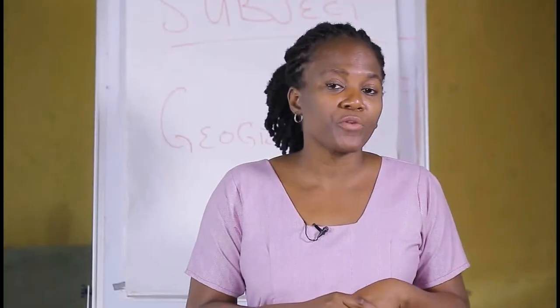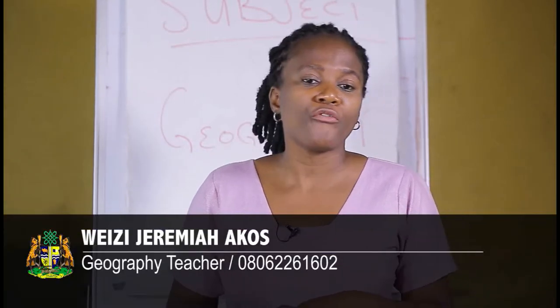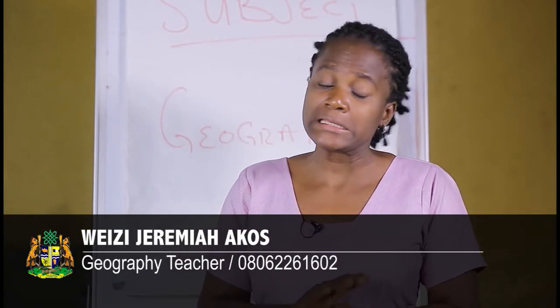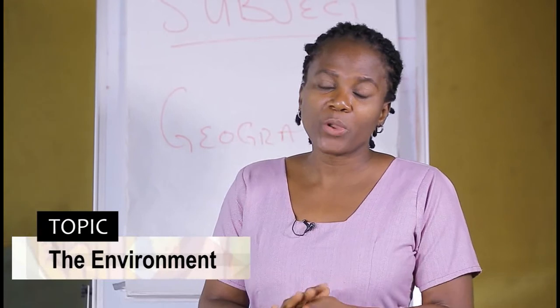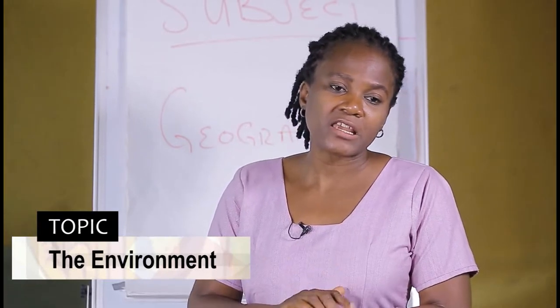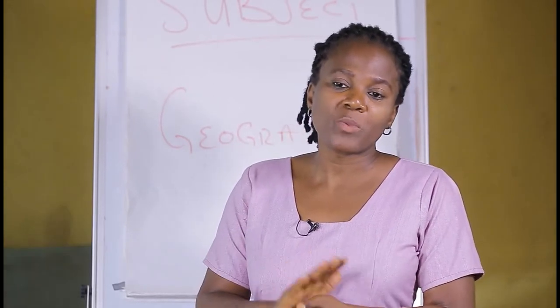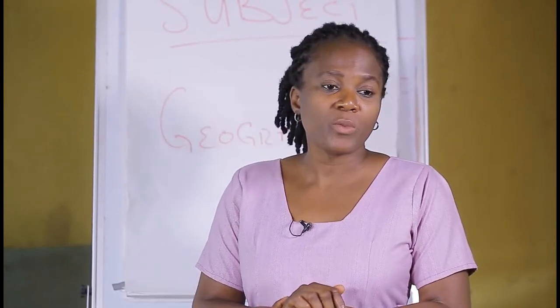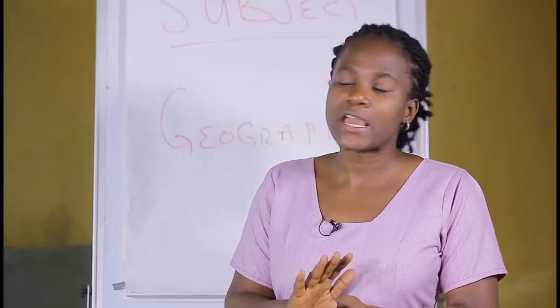Now, with this, we've come to the end of our lesson for today. Remember what we did today? We were able to define the environment. We also mentioned the components of the environment, which are the biotic and the abiotic components.